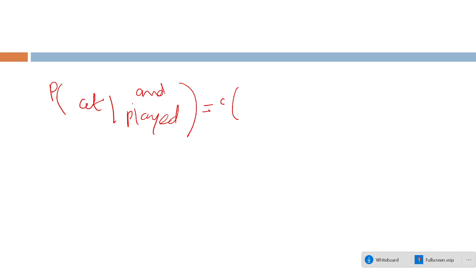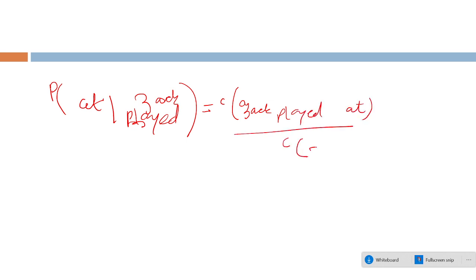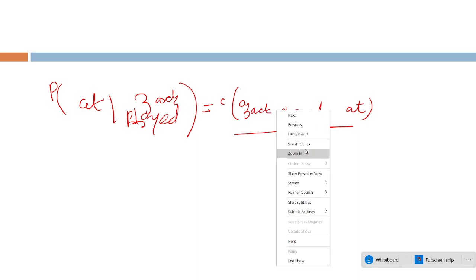It will be the count of Zach played at, and in the denominator you will have the count of Zach played.